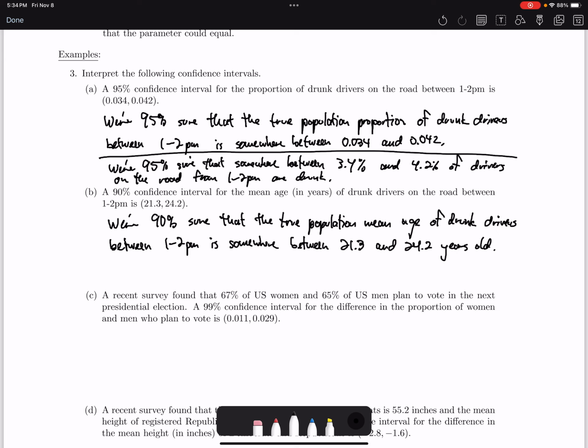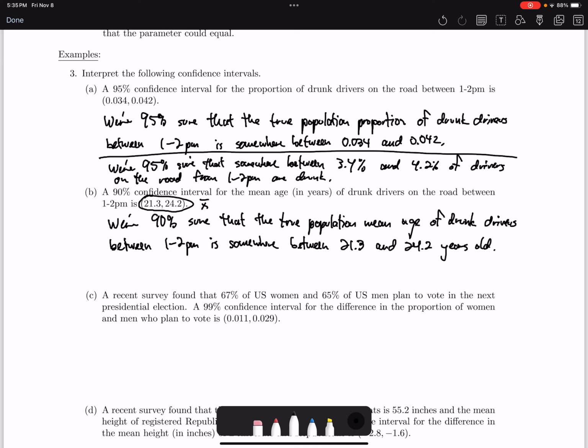These estimates, of course, are based on some kind of sample evidence. Like in part B, the way that the researchers obtained this interval is by first collecting some sample and then computing a sample mean. And that sample mean would have sat right in the middle of that interval. So, x bar would have been, I don't know what number is right in between 21.3 and 24.2, I'm guessing it's 21.75 or something like that.